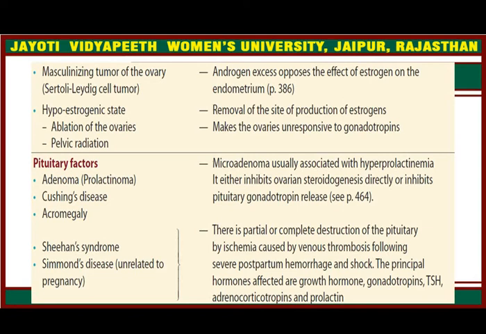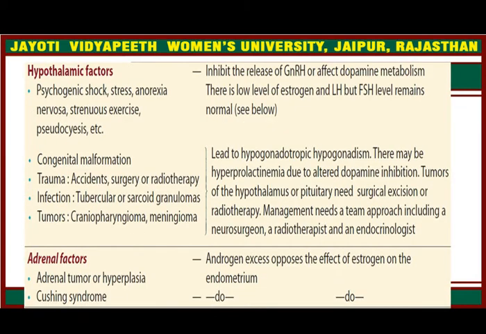Sheehan syndrome. Here complete or partial destruction of the pituitary gland will be there, and that is caused by venous thrombosis because of PPH, and that may lead to amenorrhea. Again, Simmonds disease is one of the causes for amenorrhea, and basically that will affect the growth hormone and gonadotropins. Again, it may affect thyroid stimulating hormone and prolactin, which may lead to amenorrhea.